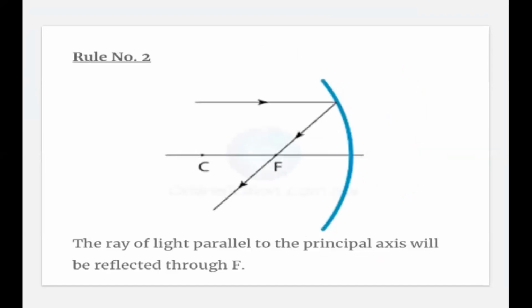And rule number 2 was stating that if the ray of light is parallel to the principal axis, it is always going to pass through focus. So it is really easy to make out the rules. And the third rule was, if the ray of light passes through the center of curvature, it is going to pass undeviated. There is no change of path in that case.